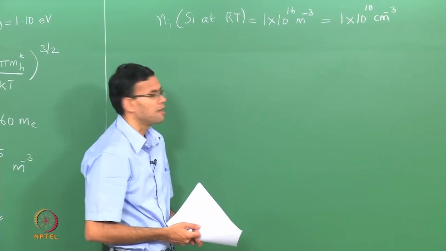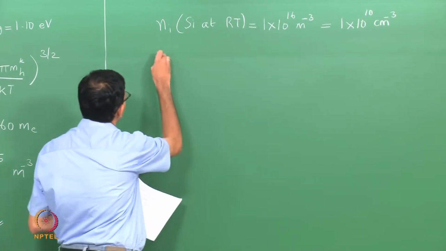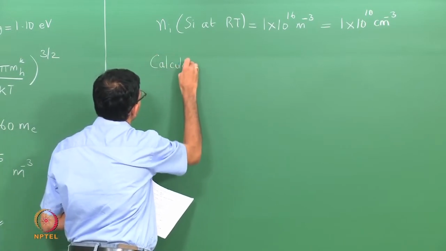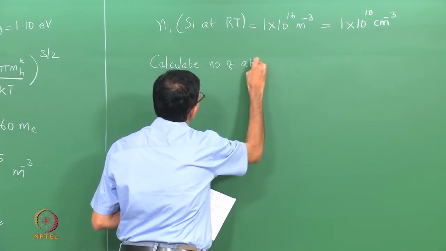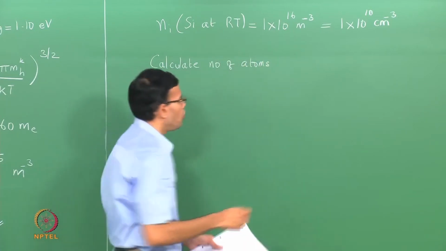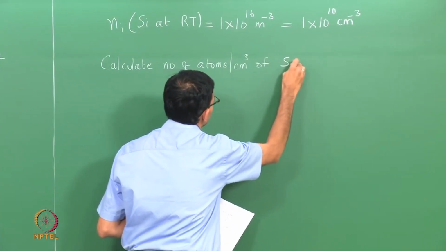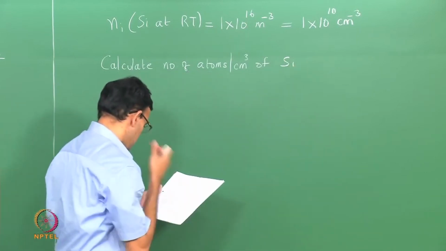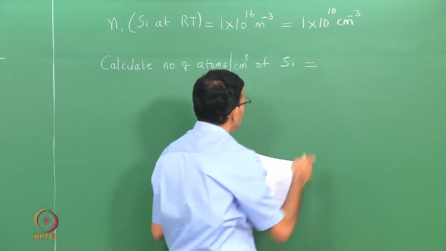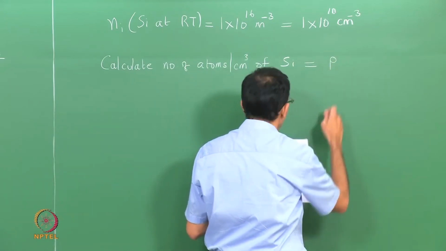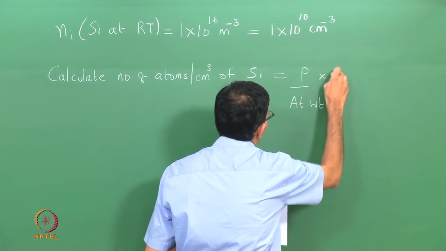Now, this looks like a really large number. So, let us try and put that in context. Let us calculate the number of atoms per unit volume, so per centimeter cube, of silicon. This is nothing but the density of the material rho divided by the atomic weight, times Avogadro's number.